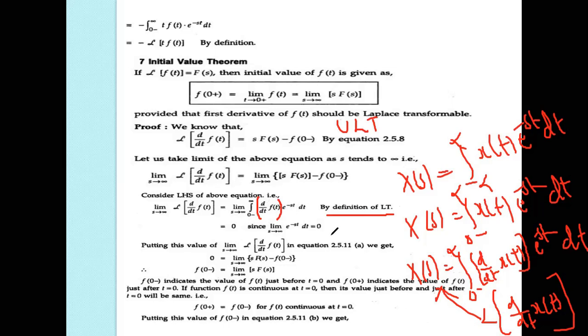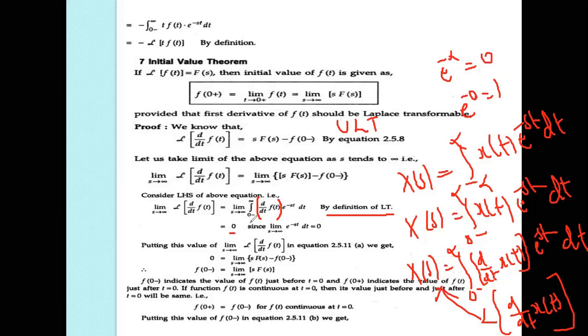When we substitute limit s tends to infinity, e power minus infinity, what is e power minus infinity, my dear students, in this function? The total function e power minus infinity is 0. You know e power minus infinity is always 0, e power 0 is 1. I am taking here the limit s tends to infinity, e power minus s into t.